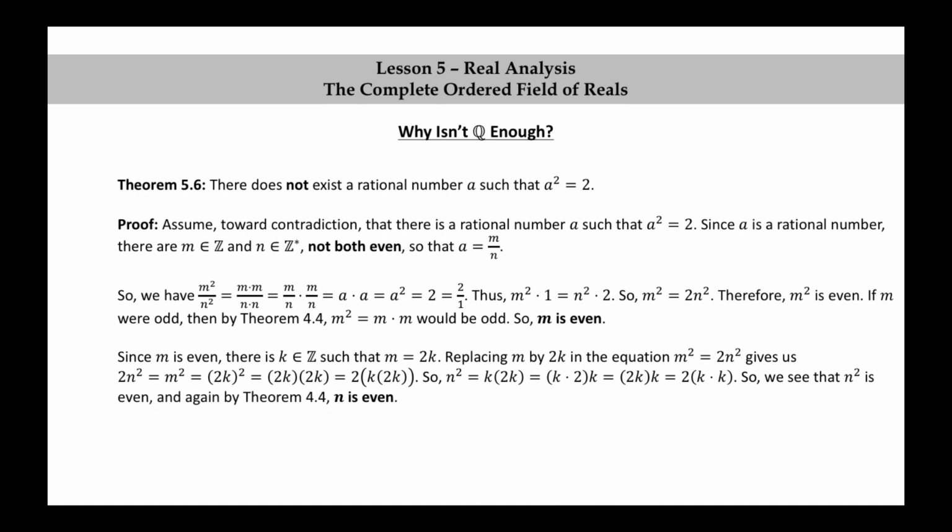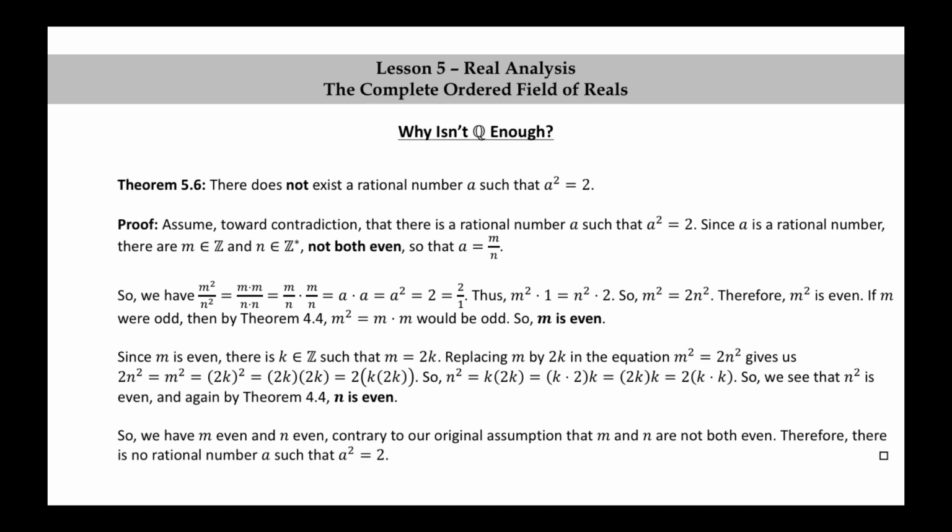And again, by theorem 4.4, n is even. Once again, theorem 4.4 says that the product of two odd integers is odd. So we have m even and n even, contrary to our assumption that m and n are not both even. Therefore, there is no rational number a such that a squared is equal to 2.